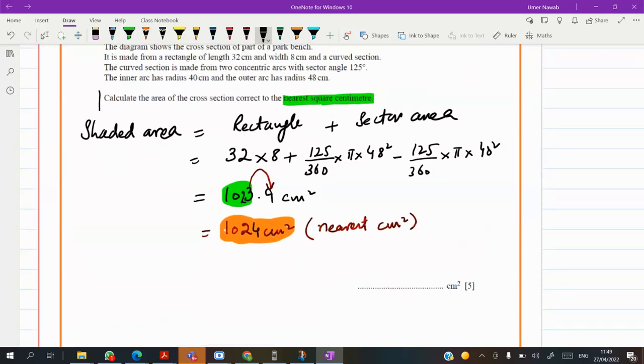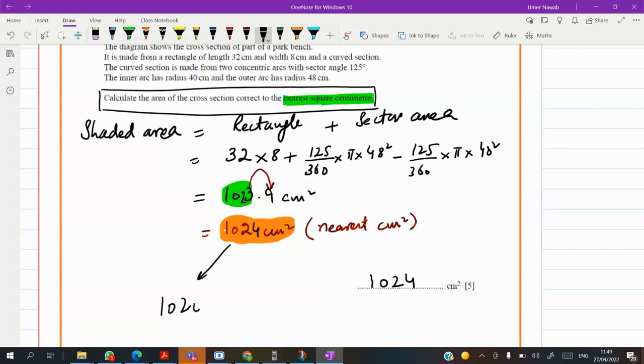Look at the last instruction from the examiner that he needs the answer to the nearest square centimeter. So that has to be 1024, not 1020, because some students will be thinking that, as the examiner said in the beginning, we always have to write the answer to three significant figures.